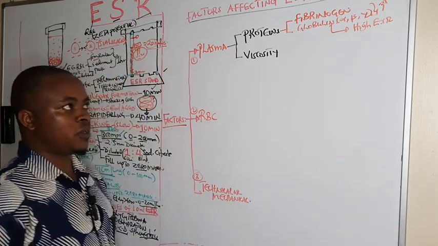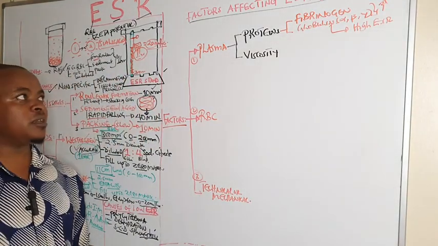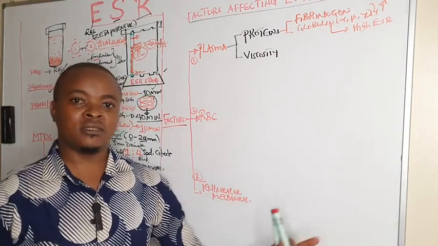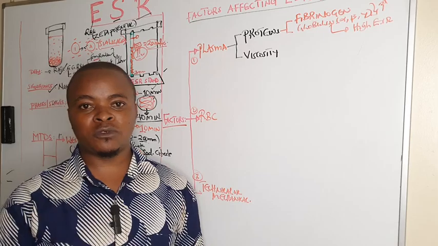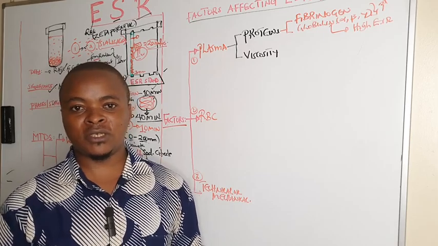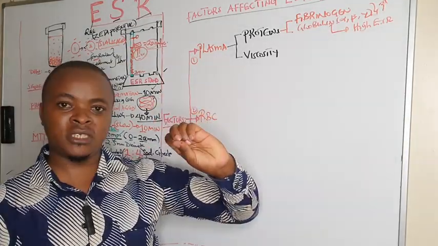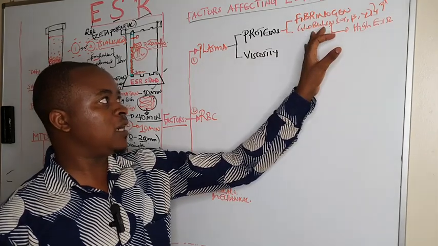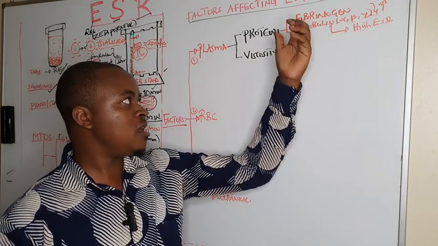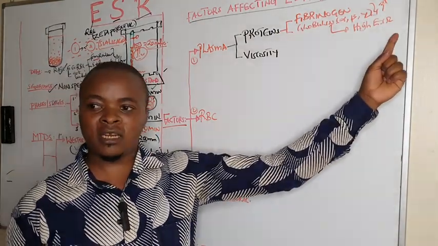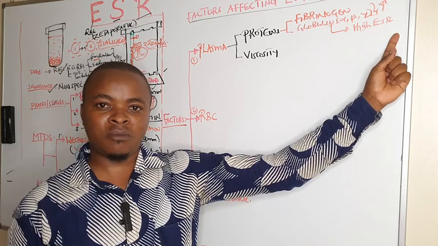So we are saying plasma proteins like fibrinogen and globulins lead to increased ESR results. If someone has high levels of fibrinogen, or high levels of globulins, it can lead to high ESR results. That is what we are talking about.